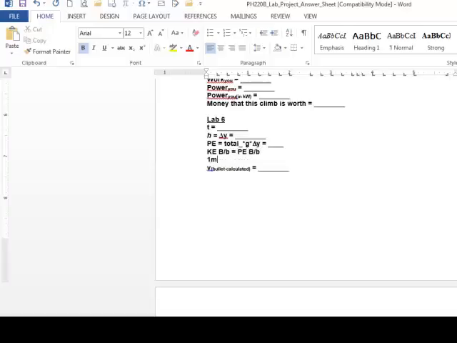Which means 1/2 (m plus M) v squared, where m plus M is the mass of the system, equals little m plus big M, where little m is the bullet and big M is the block. Remember we talked about this in previous labs. Equals (m plus M) g times our delta y.